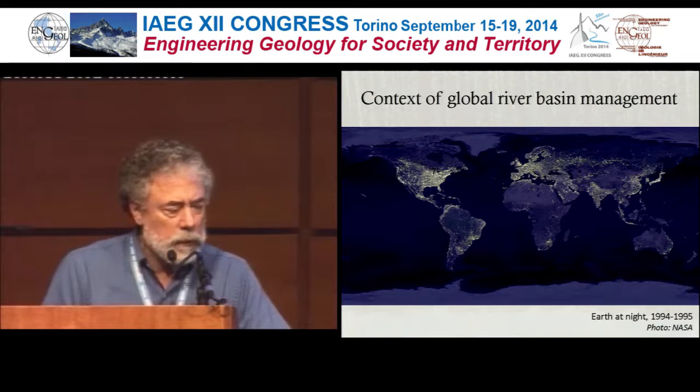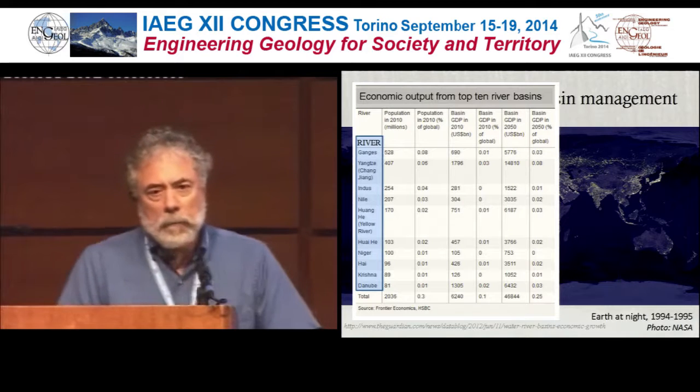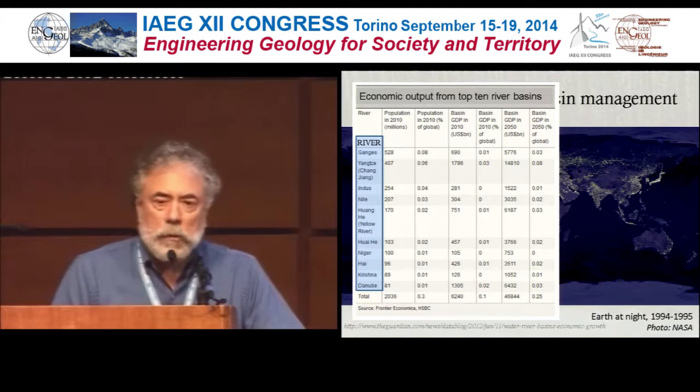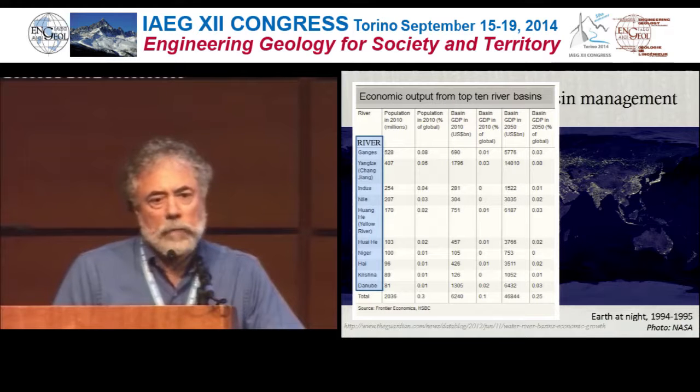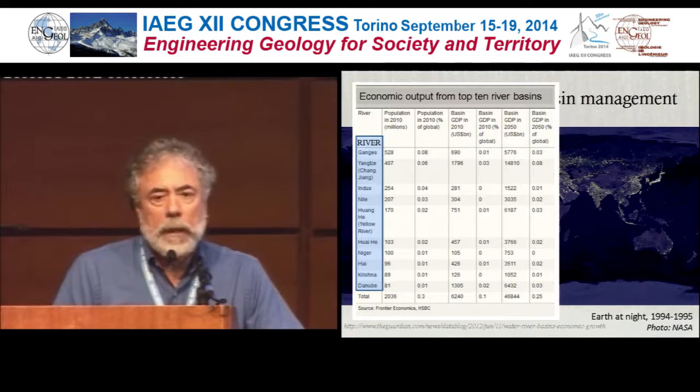So if we look at the 10 largest river basins in terms of their size and also in terms of their population, we see that roughly 30% of the world's population currently lives in these 10 largest river basins.